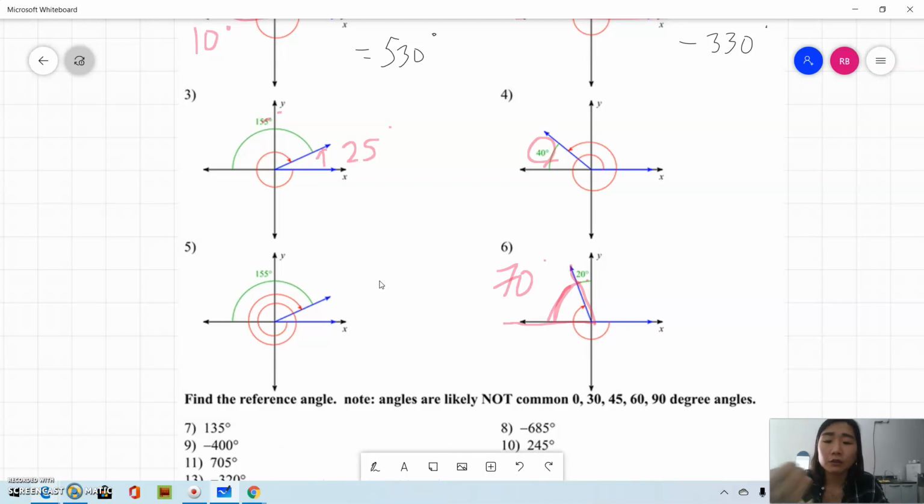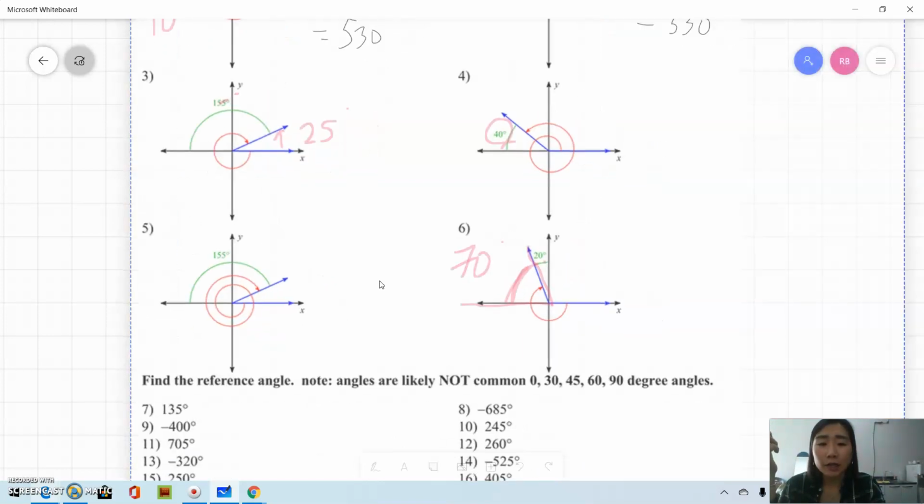You need to know how to measure negative angles. A negative angle just means that you are going clockwise from the positive x-axis. You need to know how to find coterminal angles. It's either adding 360 or 2 pi or subtracting 360 or 2 pi to your given angle. And it matters how many times this thing went around.